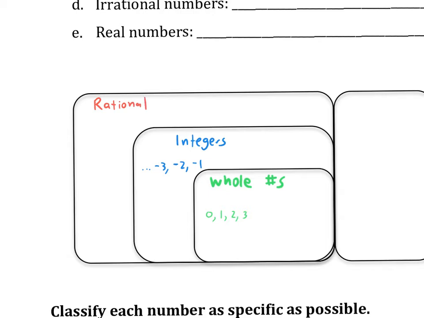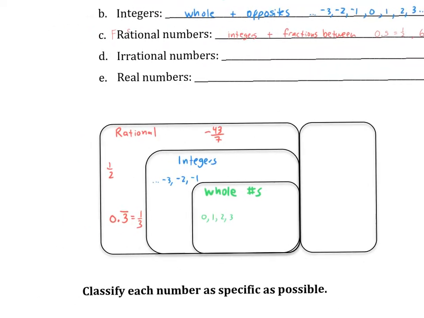You can turn them into fractions. So 1/2 is a rational number. -43/7, that's a rational number. But so is decimals that repeat or decimals that end. So 0.3 repeating. That's a rational number because it can be converted to 1/3. So those are my rational numbers.